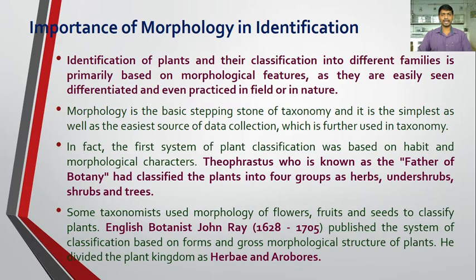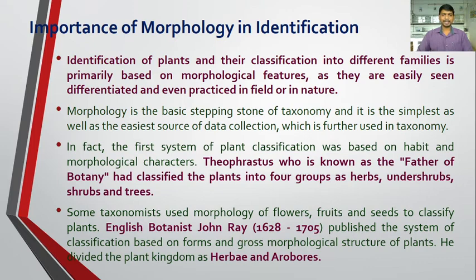Theophrastus, who is known as the father of botany, classified the plants into 4 groups as herbs, undershrubs, shrubs and trees. So this classification made by the father of botany, Theophrastus, was on the basis of the habit and morphological character.